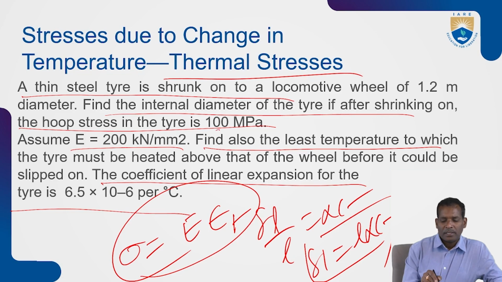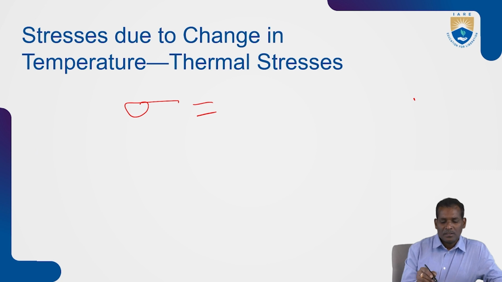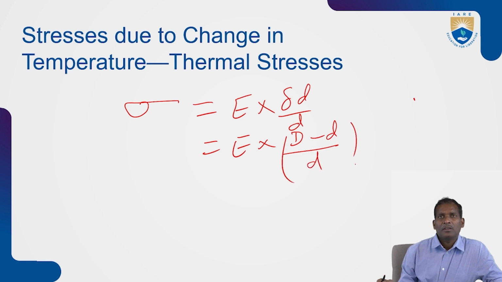The hoop stress in the tire is 100 megapascal given. This is equal to Young's modulus or modulus of elasticity E multiplied with strain, delta D by D. So now you can write E times capital D minus small d by small d, the original length.